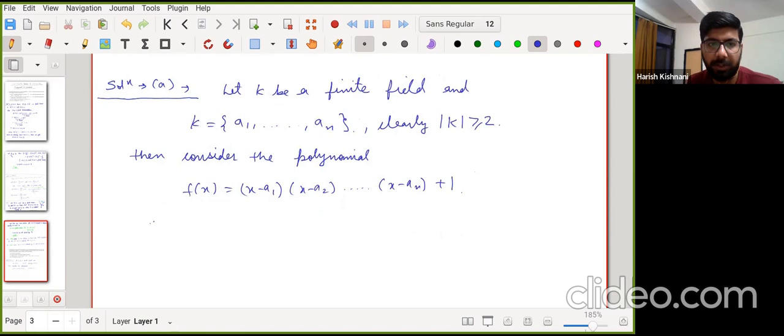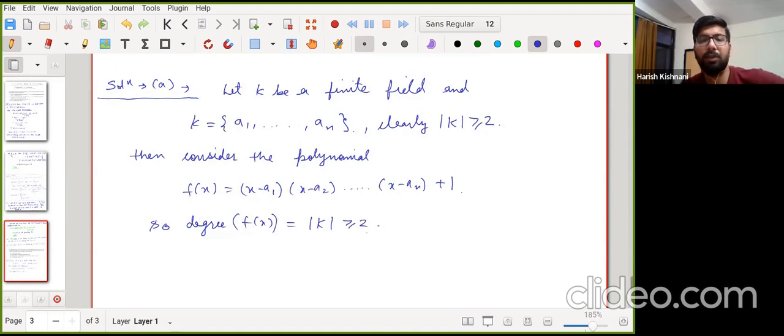What can you say about the degree of it? Degree of f(x) is equal to the cardinality of K, right? Because you are multiplying this linear factor in x n many times, and n is precisely the cardinality of K. Degree of f(x) is equal to cardinality of K, which is greater than or equal to 2, right?